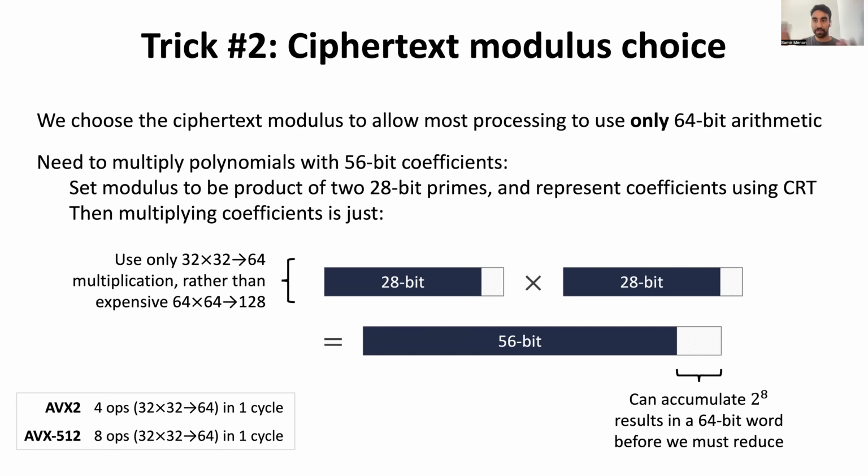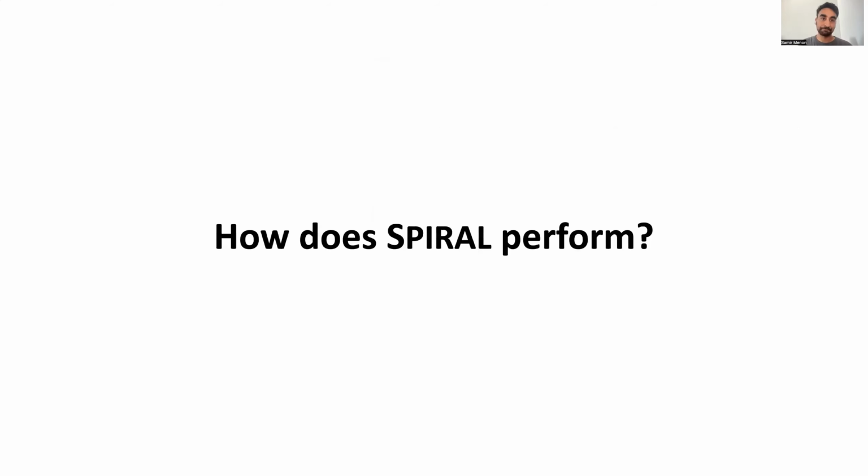We're doing a lot of matrix vector products, right? So you want to accumulate results without actually invoking modular reduction, even Barrett reduction. You should not modularly reduce every time you multiply two coefficients. You should accumulate in 64 bits and then only reduce when you absolutely have to avoid overflow. So that gives us another win.